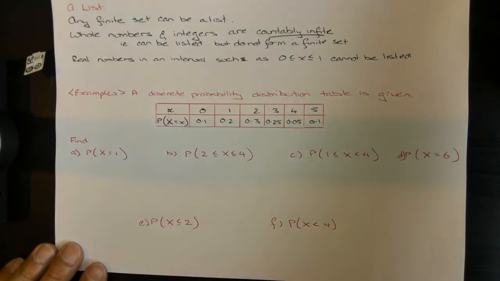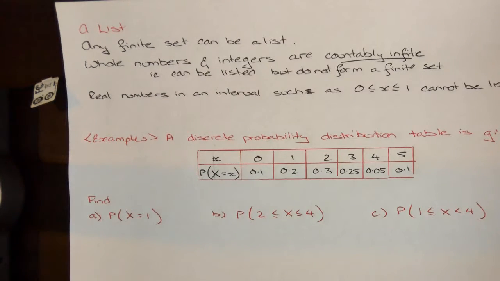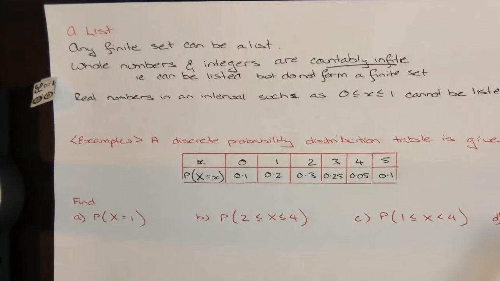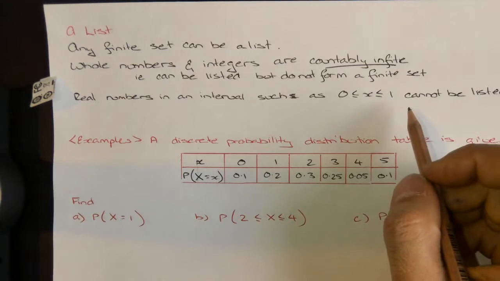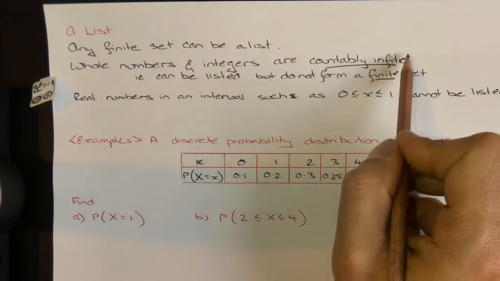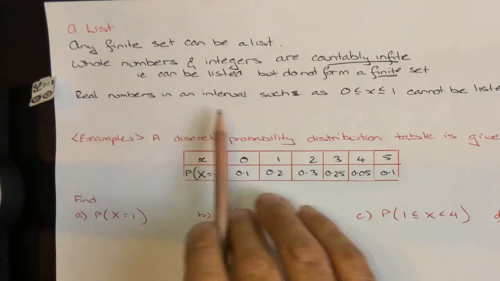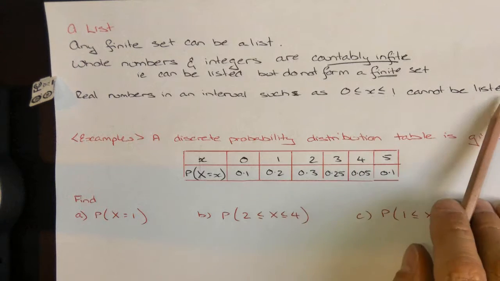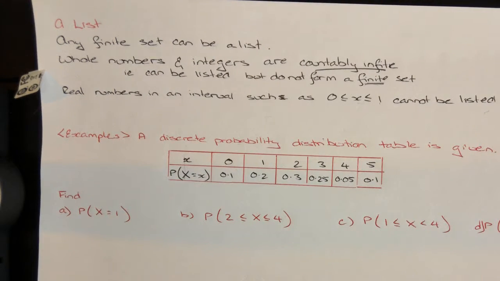We consider a list as any finite set of numbers. Whole numbers or integers can go on forever, so they're not really a finite set, and we call them a countably infinite set. Real numbers in an interval such as 0 to 1 cannot be listed. It's continuous, and we would use that in Year 12.